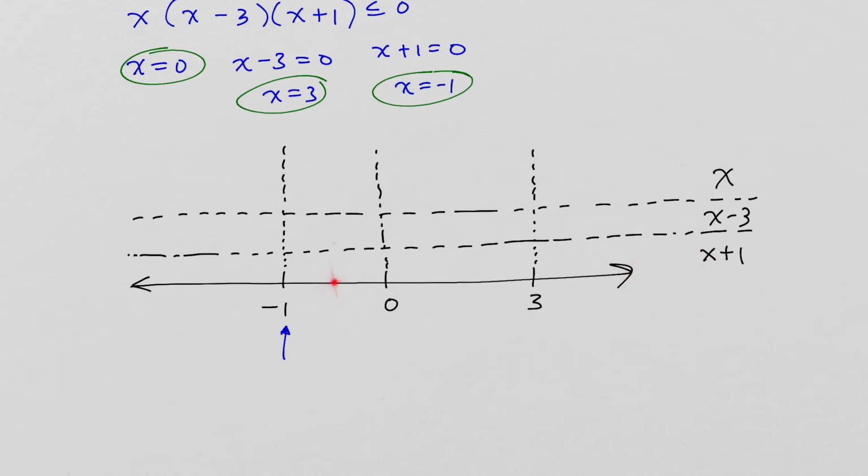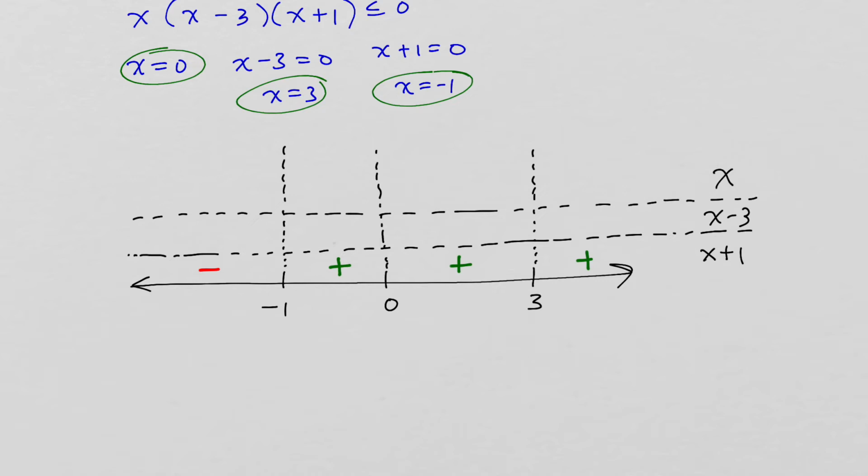If I plug in x equals negative 1/2, I still get a positive number. So anytime I plug in a number to the right of negative 1, I get a positive number. So I can fill in positive signs for all of these. And if I plug in a number to the left of negative 1, that factor will be negative.